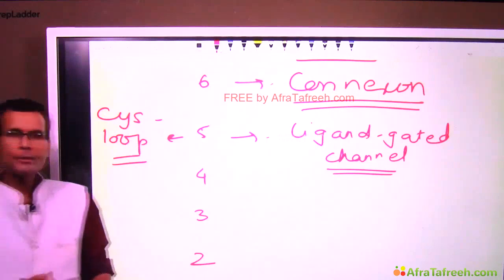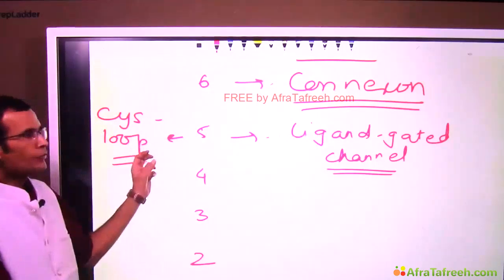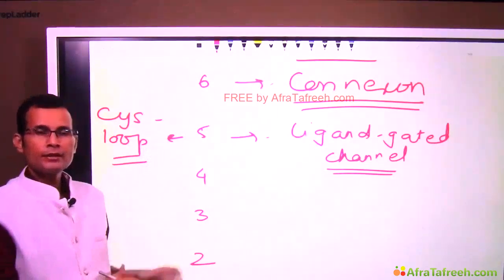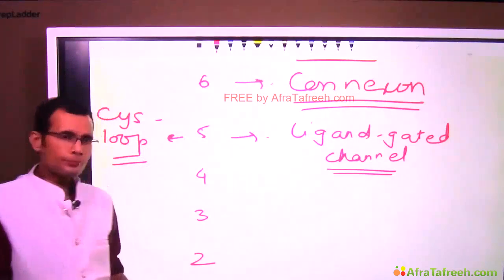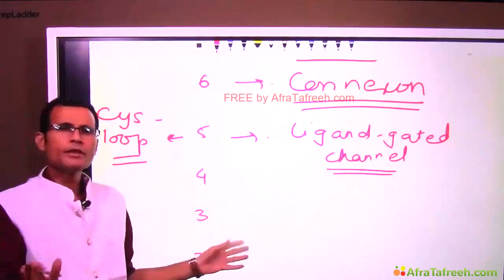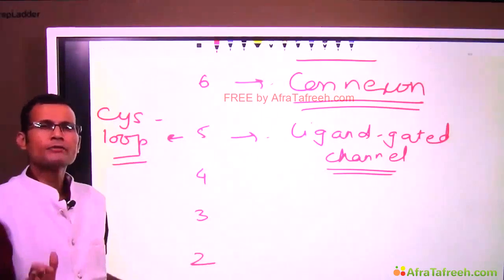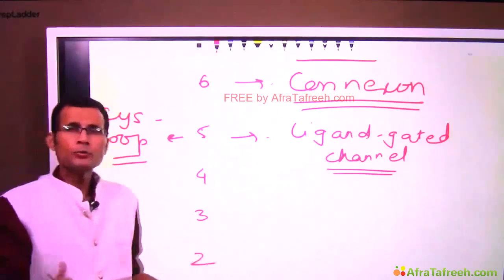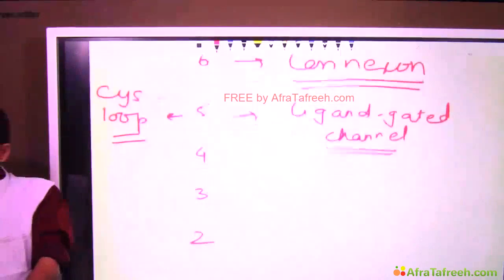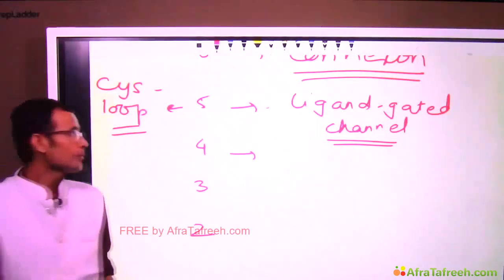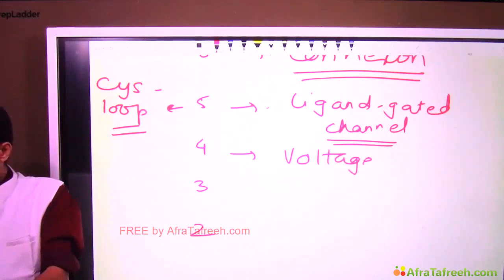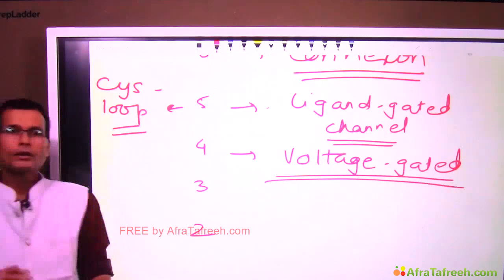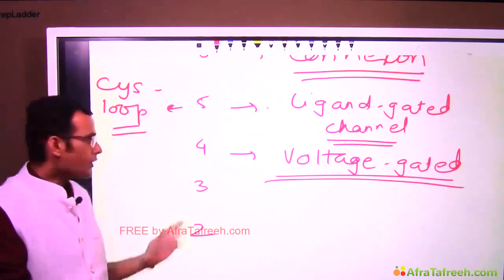Just an additional information. The receptor which is associated with the channel is sometimes called cis loop receptor. 2 cysteine residues linked by a disulfide bond making a loop. So cis loop receptor. Okay. 4. Voltage gated channels. They are tetrameric proteins, tetramers.